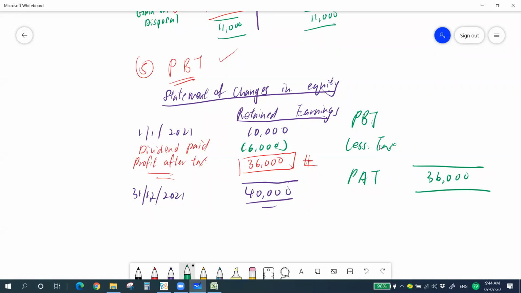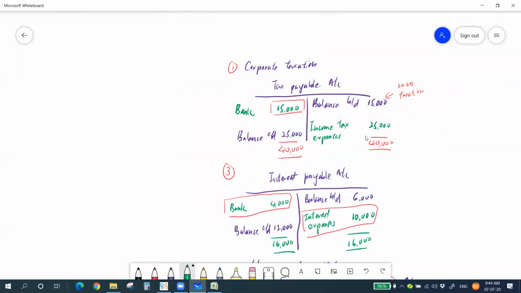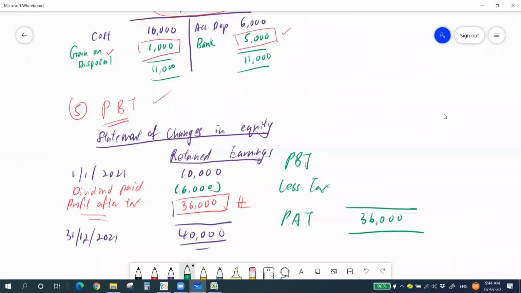Taxation of the company, remember the first one we calculate is 25. So we write 25 here, and tax is a minus. So for the profit before tax, what is the amount?